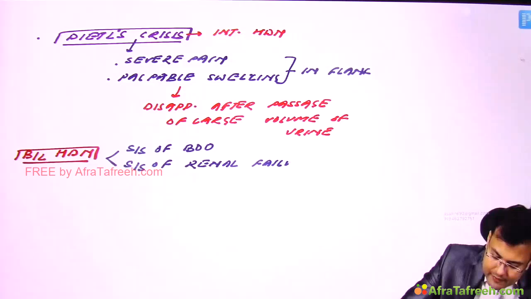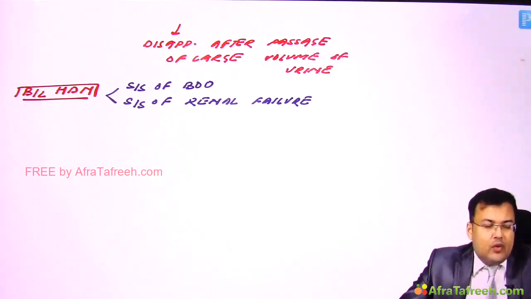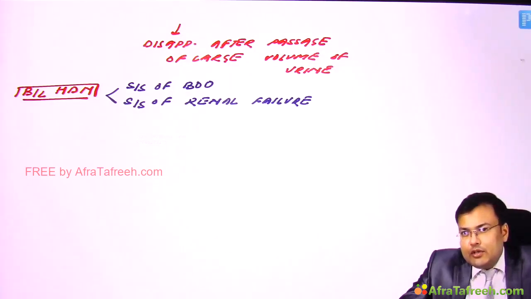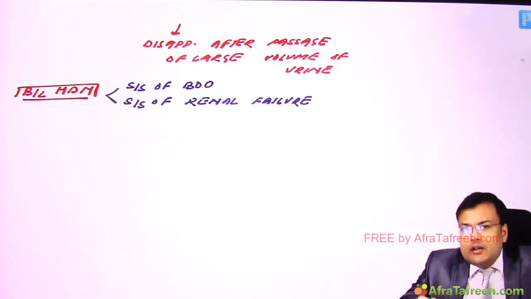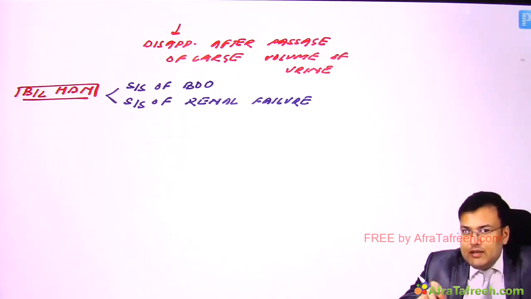Now coming to the investigations. We discussed the screening investigation for hydronephrosis. It is ultrasound, and we go for IVP also, because IVP will tell you the site of obstruction, hydronephrosis, and give you a rough idea about the renal function. But the investigation of choice is the DTPA scan. Why? Because it will tell you exactly how much function is there in the kidney.